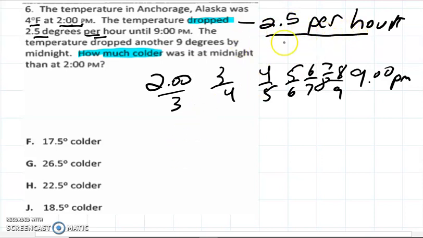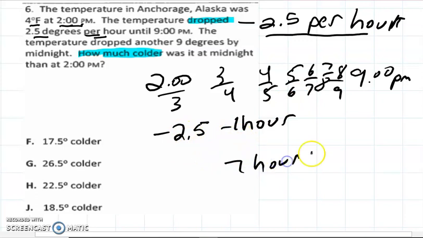Well, if you want to know how much total that is, negative 2.5 for 1 hour. Well, you want to know how much that is for 7 hours. So you've got to figure out, okay, how many degrees did it drop in 7 hours? That's what you've got to figure out.